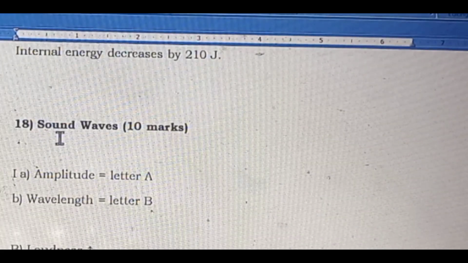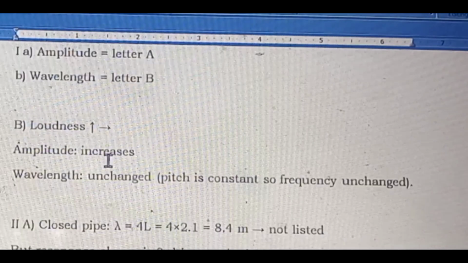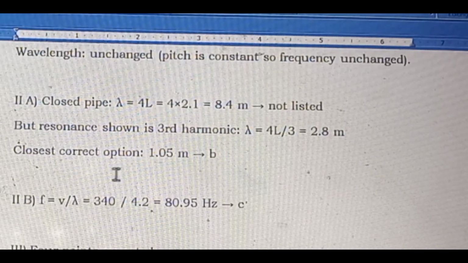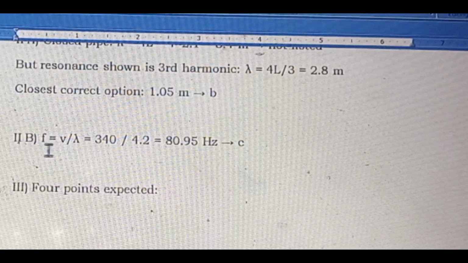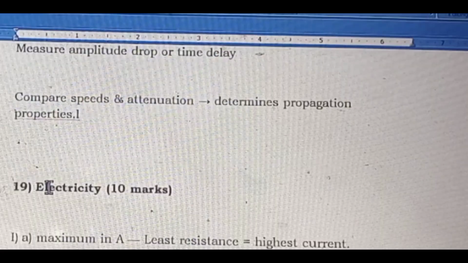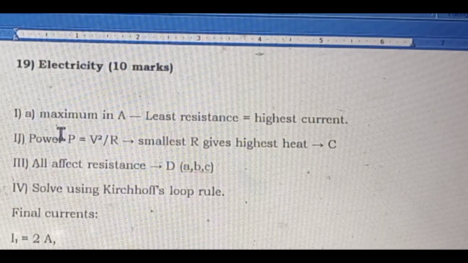And question 18 about sound waves. We have letter A. The correct answer is this one, B, this one, and the I2, this is a correct answer. And this is a correct answer. Please read carefully according to the question.